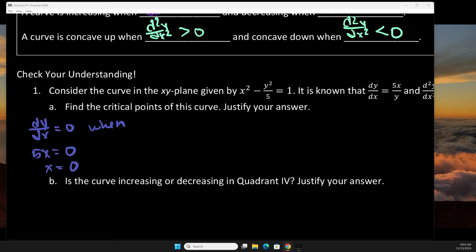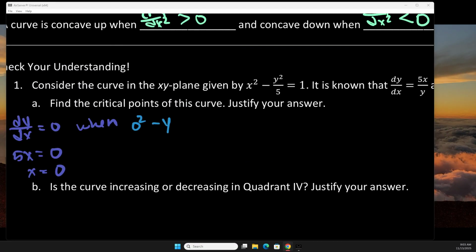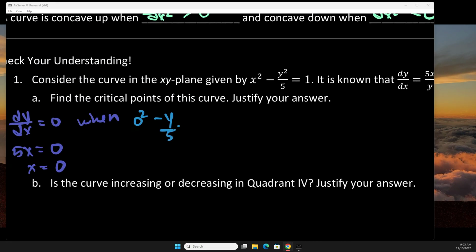Alright, so that's going to give us the x part of a critical number, or critical point, 0. So let's go ahead and find the y that goes with that by plugging 0 into the original. Oops. Alright, and so you can kind of see that pretty quickly things go south. So we get that y squared is equal to negative 5.